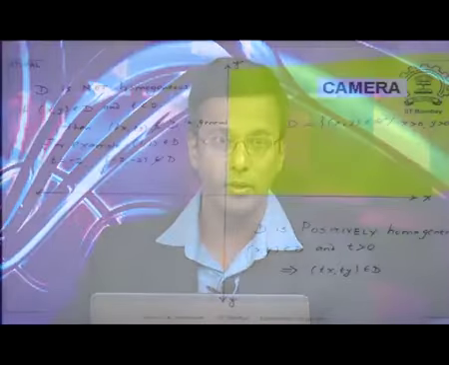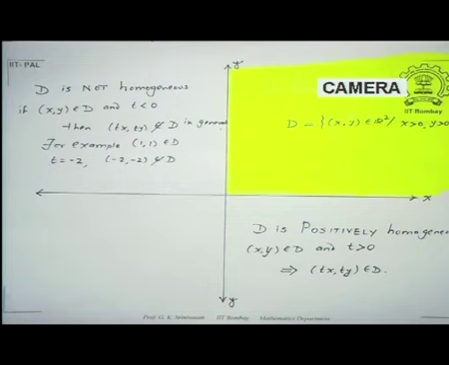So now let's look at an example of a domain which is positively homogeneous but not homogeneous. It's very easy to construct that domain. Here's a picture. The open first quadrant D equals the set of all points (x, y) in the plane such that x is positive and y is positive. The open first quadrant.